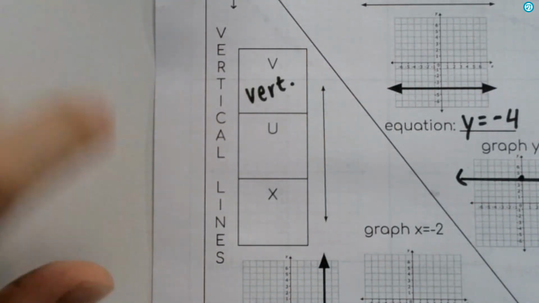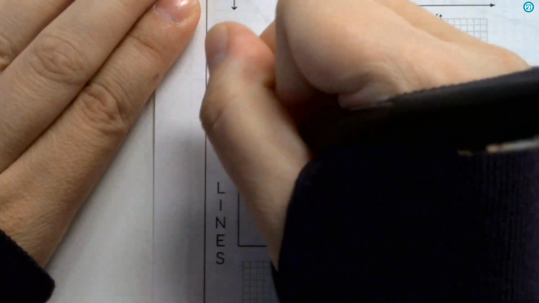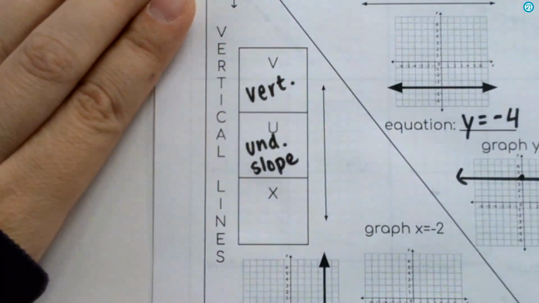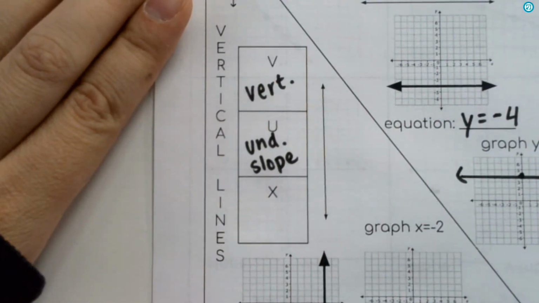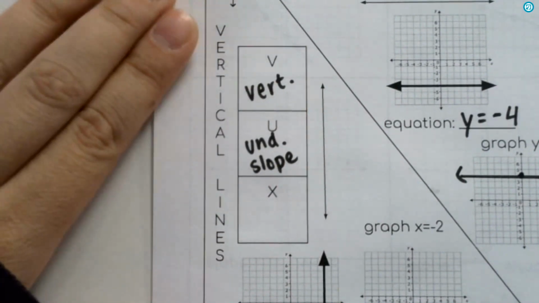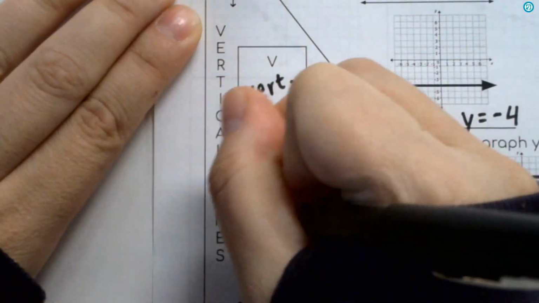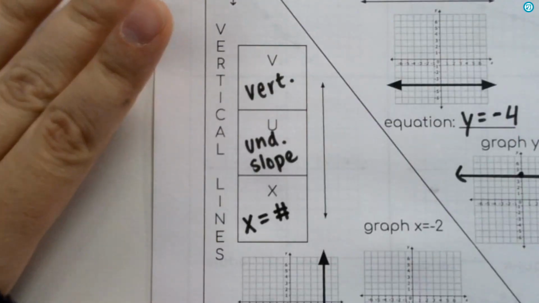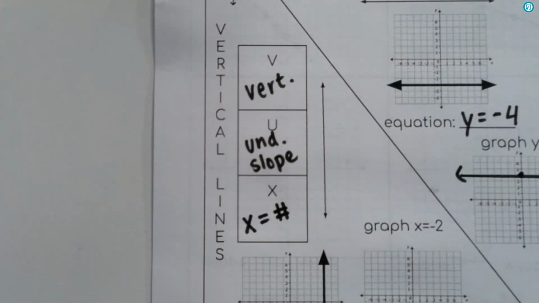A vertical line has an undefined slope. And the equation for a vertical line is just going to be x equals a number. So there's no y's involved at all. It's just x equals a number.